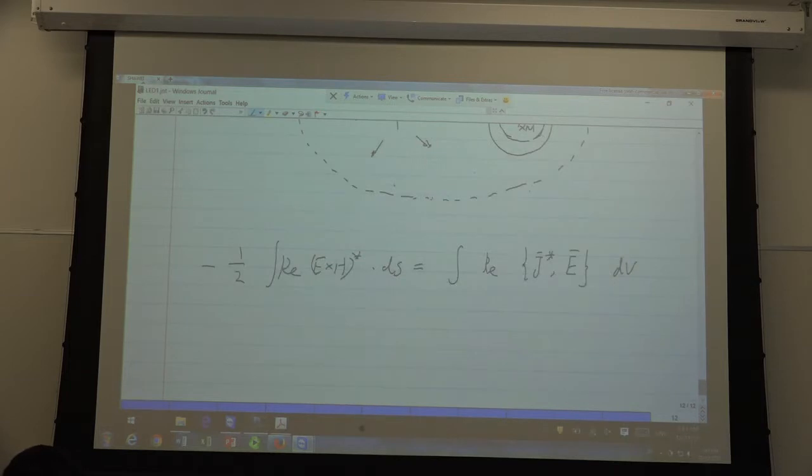So I change the sign. The real power through the surface dS equals minus one half the real part of the integral of J dot E dV. It's better.